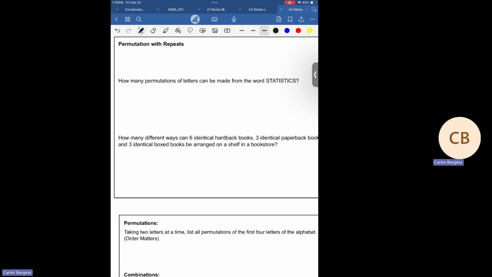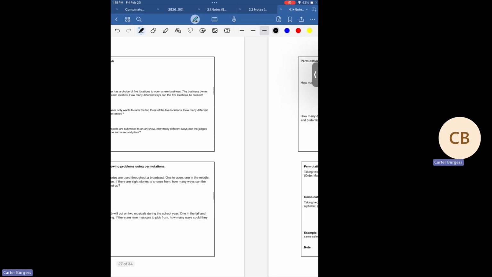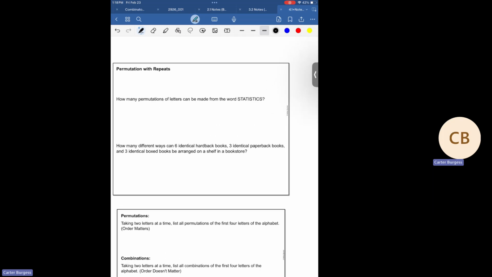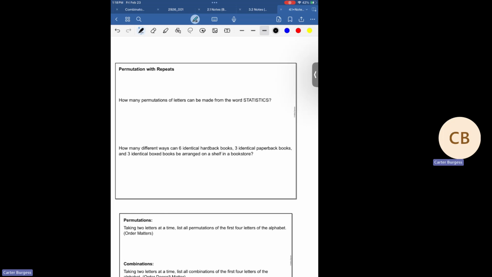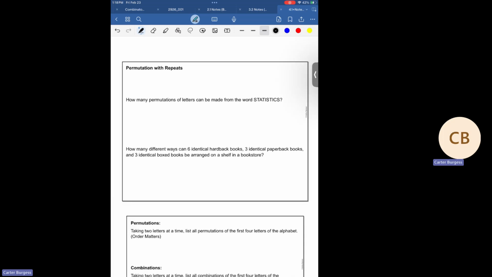For this, we want to know the number of ways that we can arrange the letters in the word statistics to get a new string of letters. So I skipped a page. We're looking at permutations with repeats. Okay, let's make some observations about the word statistics. 10 letters.